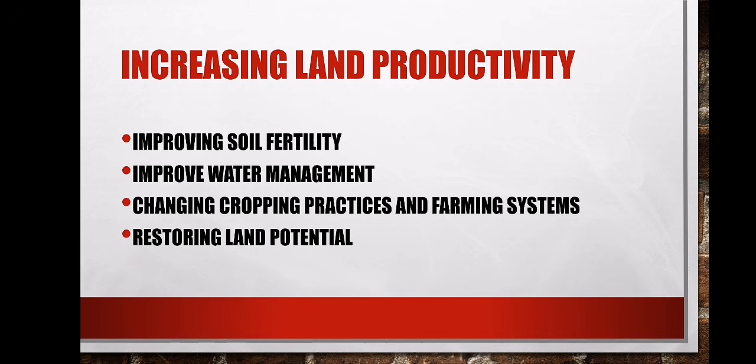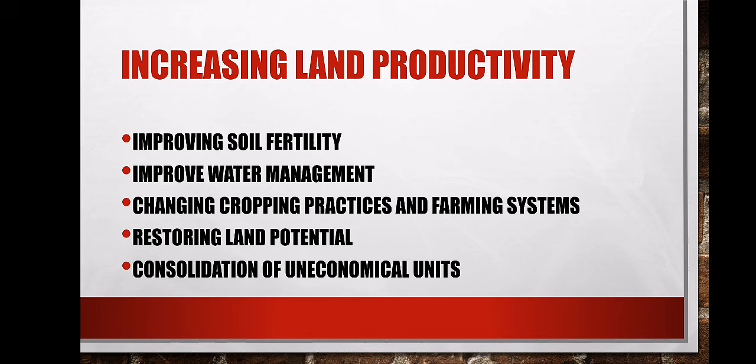We have to restore land potential, whereby you do contour lines or contour banks, or you use the stone paths. We have to also consolidate uneconomical units. You will see how we do that when we get rid of the small plots, and then we plow in one big plot. We can also talk about multiple use of land, which is diversification.